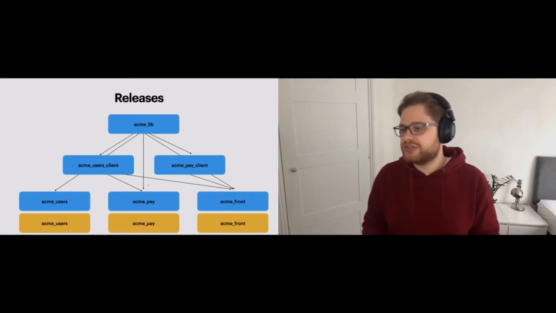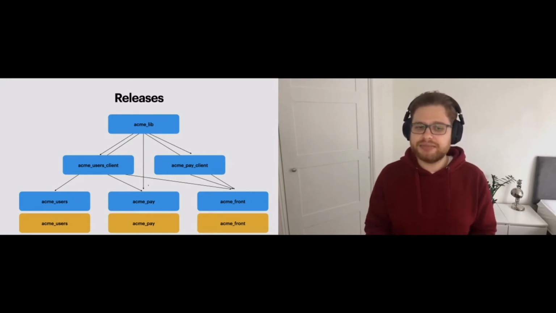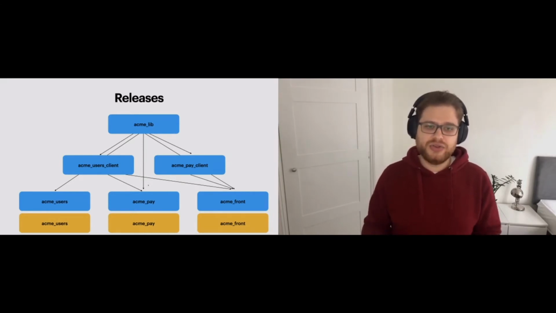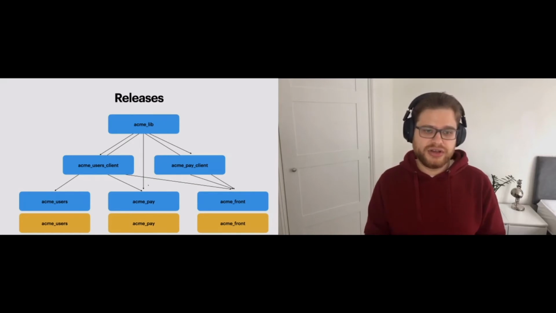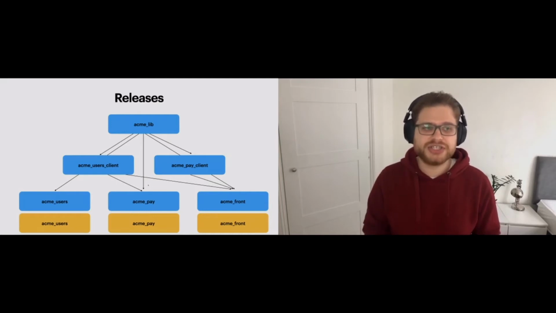And then for the user system and the pay system, we have some client applications that allow those systems to be called from other releases, right? And so we build 3 releases from our code base. Each of them includes a subset of our applications.